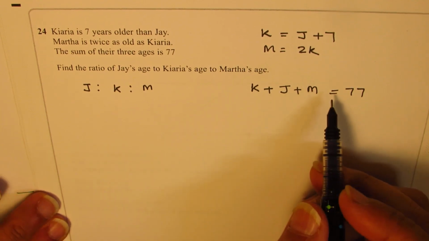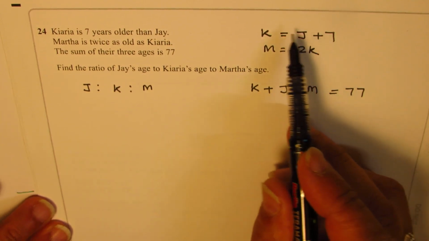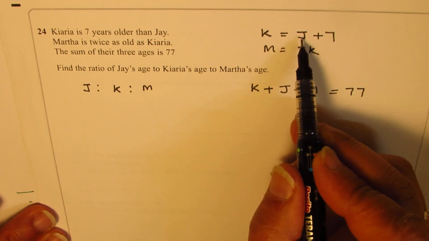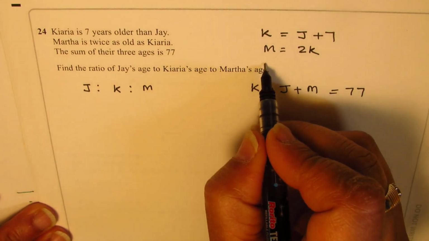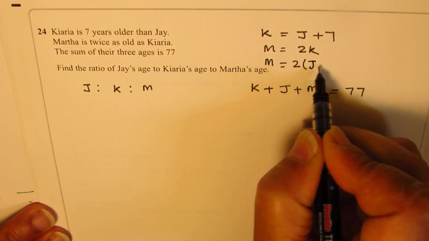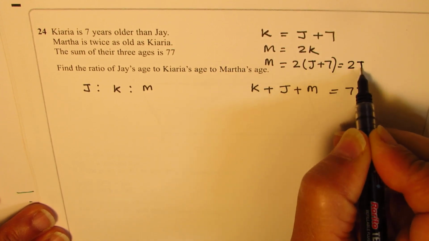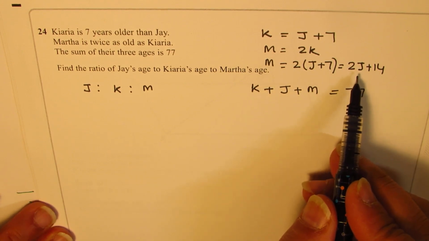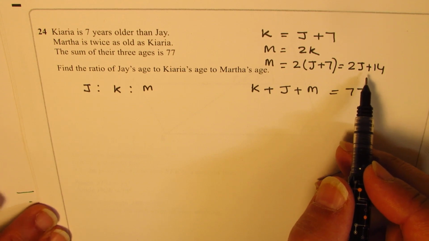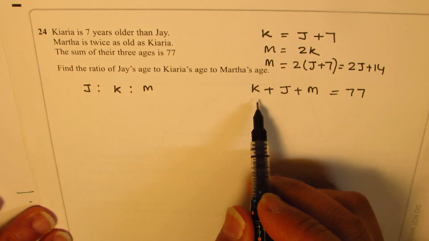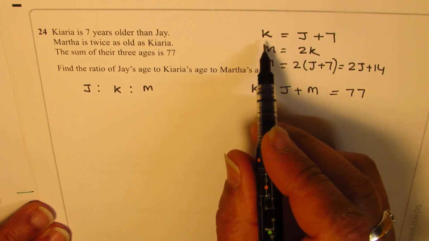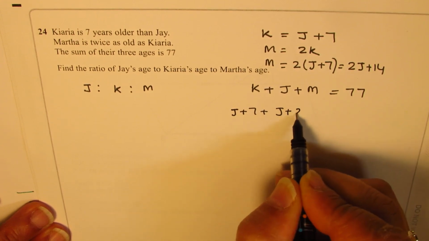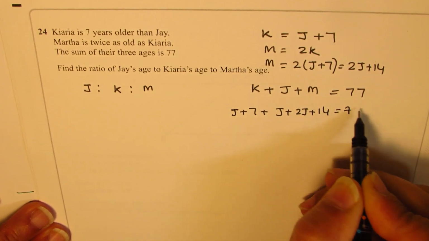So let's figure out their ages. For that, we should write all this in one variable, correct? So let's write them in terms of J. Martha is 2 times K. We can write Martha as 2 times J plus 7, which is 2J plus 14. Is that clear? So we have everything in terms of J's age. So K is J plus 7, J is J, Martha is 2J plus 14, and the total is equal to 77, right?